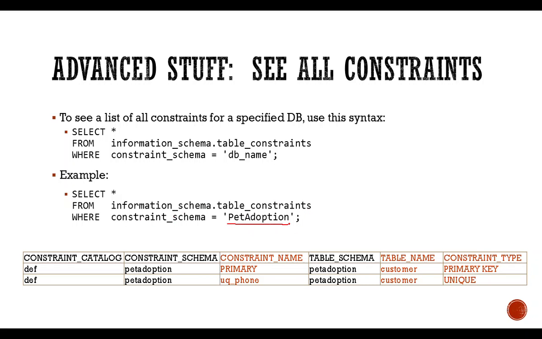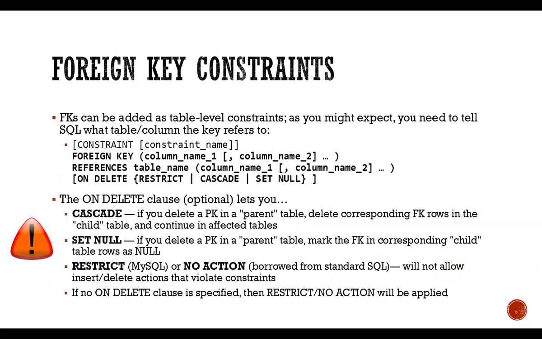It's kind of a sneaky thing. This is a MySQL specific thing. Other kinds of SQL will have different places to look for this stuff, but it's all stored, right? And this will show you, hey, you have a primary key constraint, here's a unique constraint, whatever it is, you'll see all of these things. So that's just for reference. You don't need that.